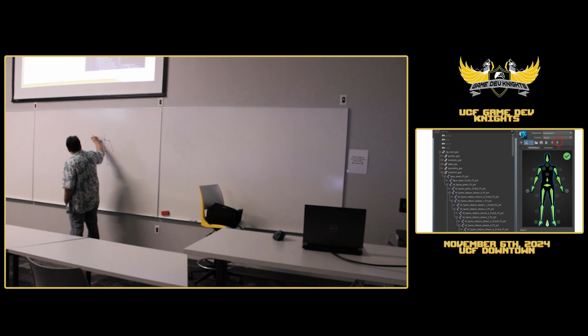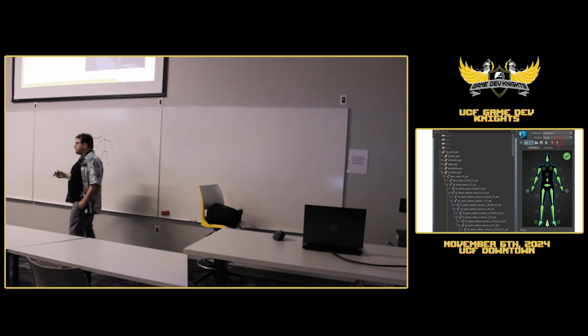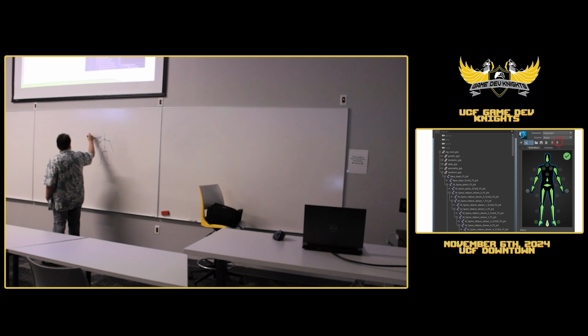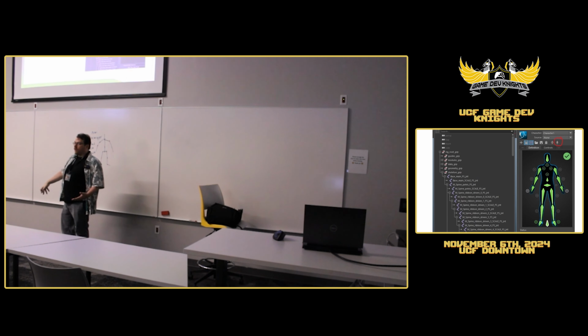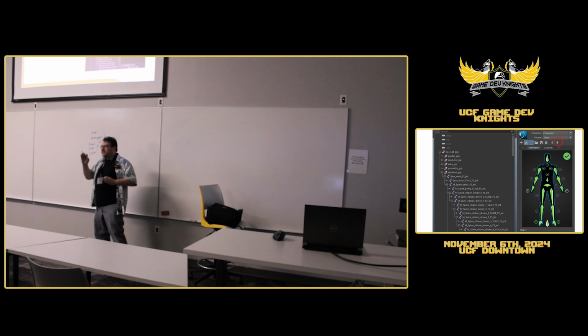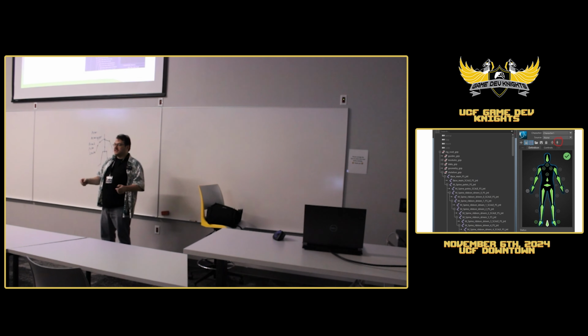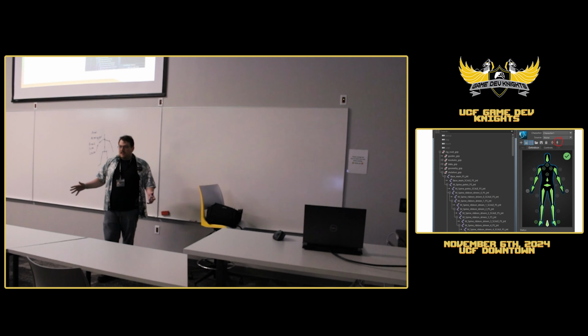So arm upper, arm lower, or whatever. Unreal might call that just arm, and the lower one arm 2 or forearm or whatever. And everyone has their own little naming convention. Everyone has their own little thing that they want to call it because that makes sense to them.